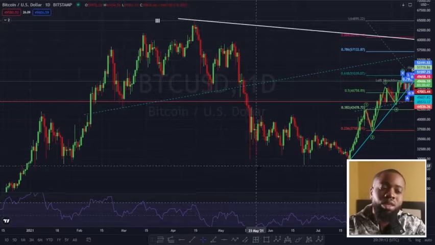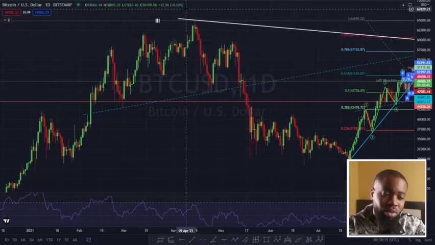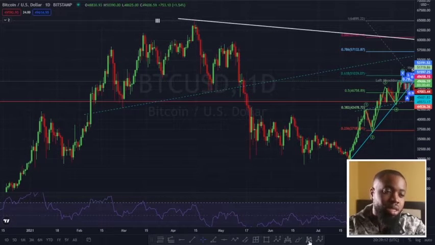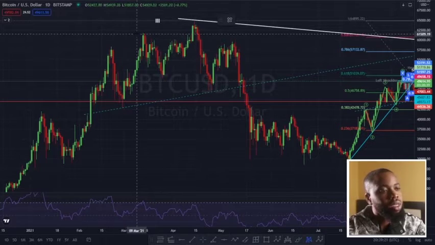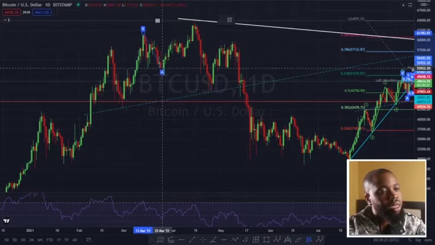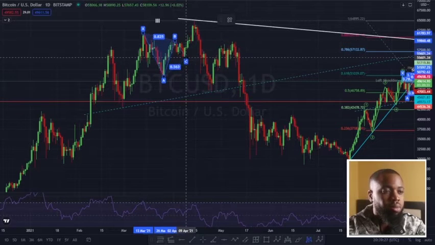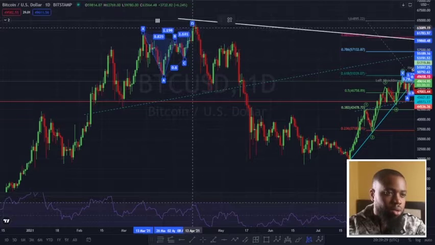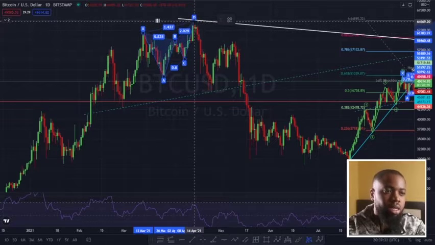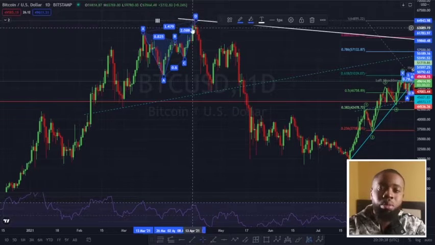If we look closely at what happened here, we can see a pattern which is not common to so many people in this market. This is, I think, probably a cipher pattern or whatever it's called. I do not really care about the name, but it's a harmonic pattern, maybe a cipher pattern, maybe a bat pattern, maybe a butterfly.